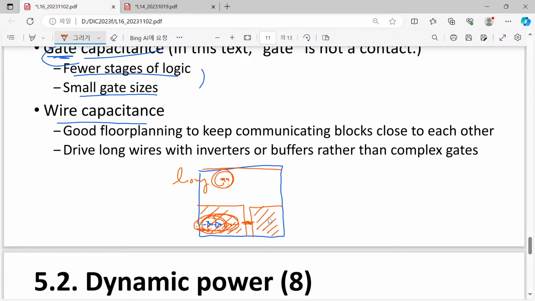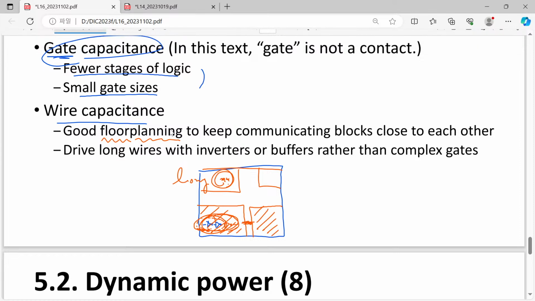This is the entire chip, and blocks are located in this way. That is typically called floor planning. That is also very important to reduce the wire capacitance, and when you reduce the wire capacitance, it is beneficial to reduce your delay.